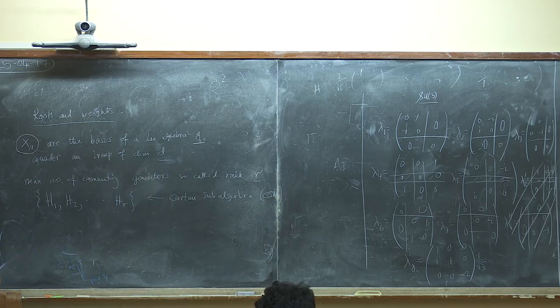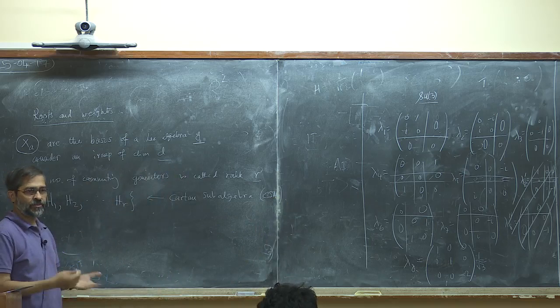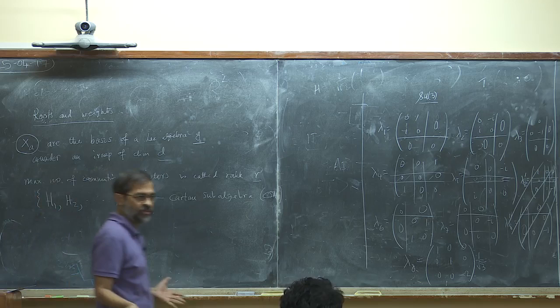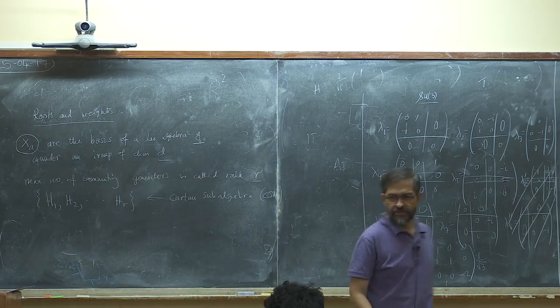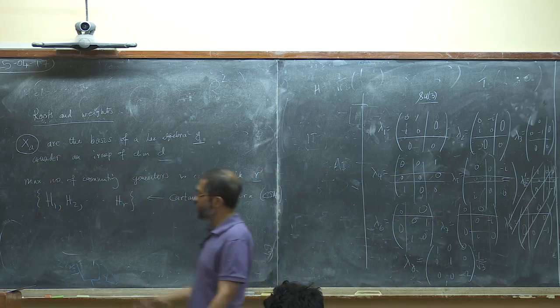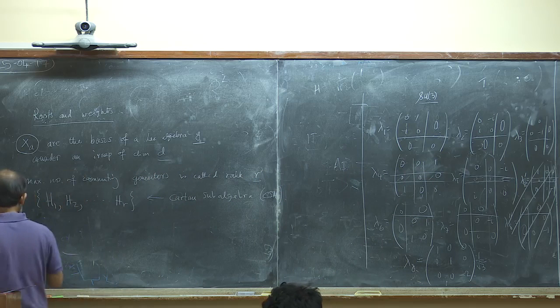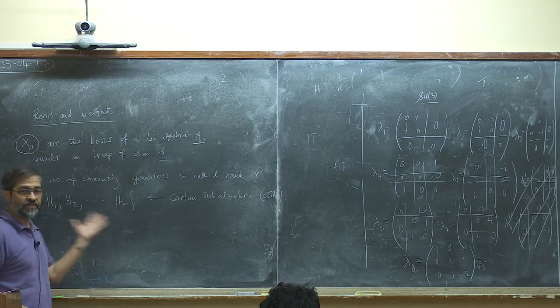In any representation, this statement will remain true: if these are commuting in some representation, they will be commuting in every representation, because a representation preserves commutation relations. In the abstract Lie algebra also these are commuting objects, and this is the maximum number you can have. Therefore, in any representation you can choose a basis in which these guys are diagonal.